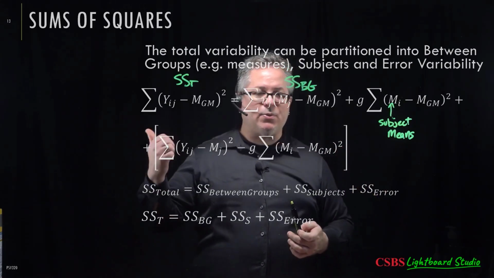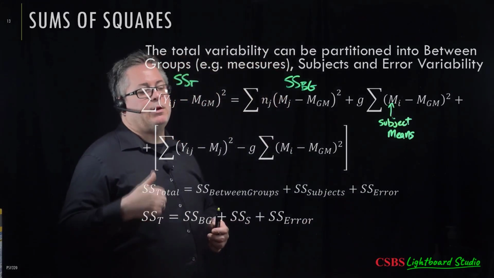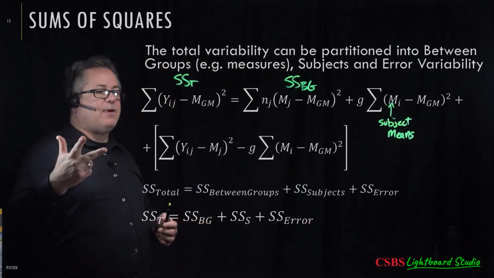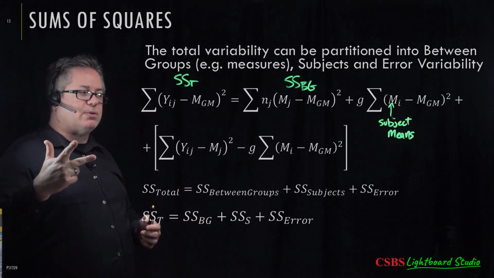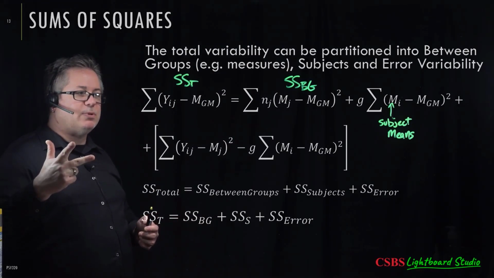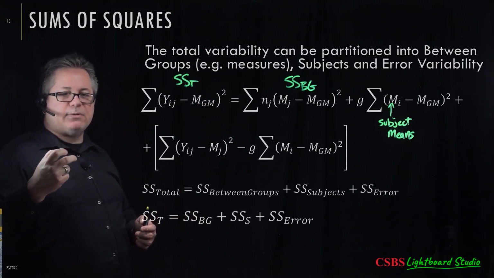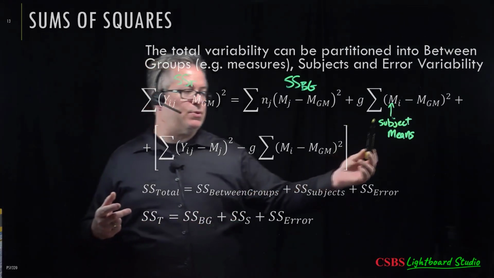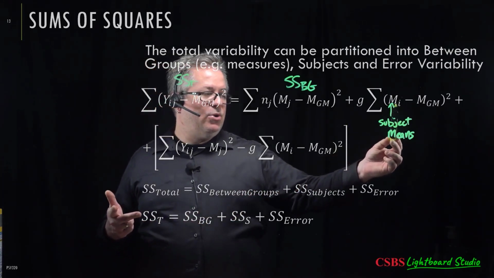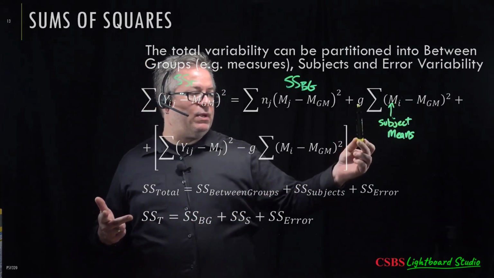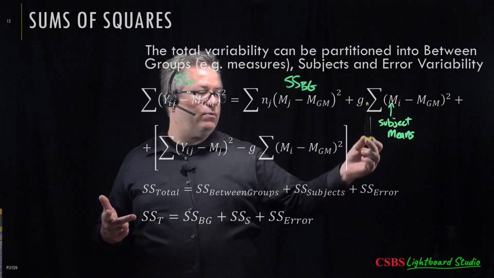It took subject 1's pre-score, their post-score, and their follow-up score. That's three scores, one for each group, that I had to average together to get the first person's mean, which is why I'm weighting this whole thing by the number of groups.